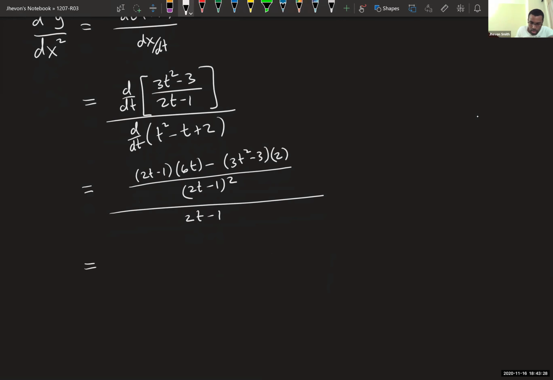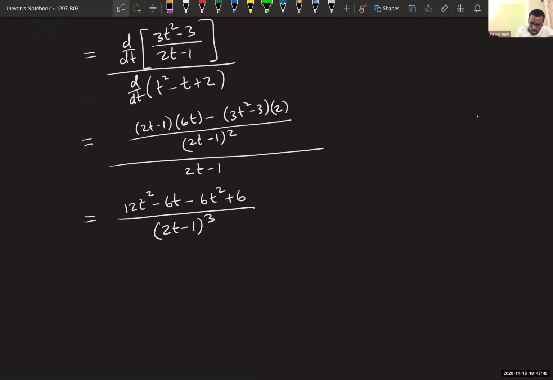So this is going to look like in the top, that's 12t squared minus 6t minus 6t squared plus 6 over (2t minus 1) cubed. And so that's 6t squared minus 6t plus 6.